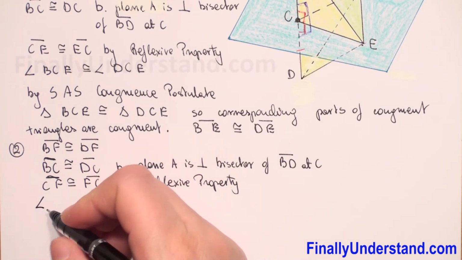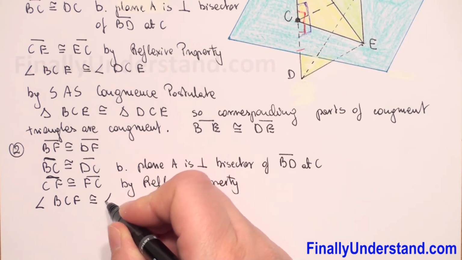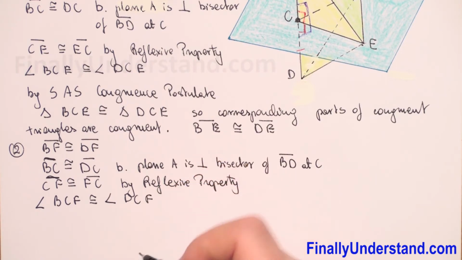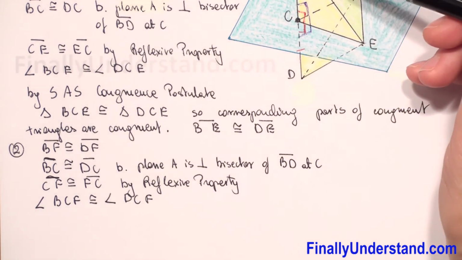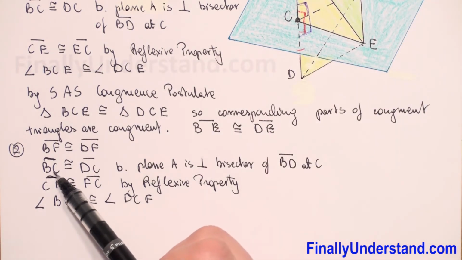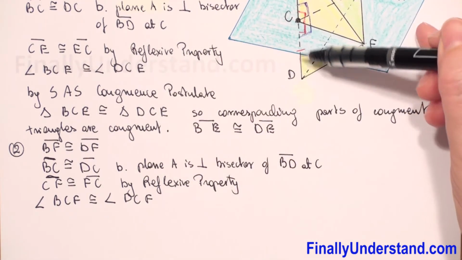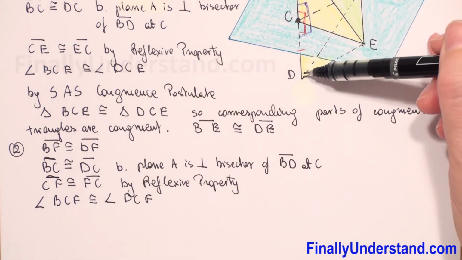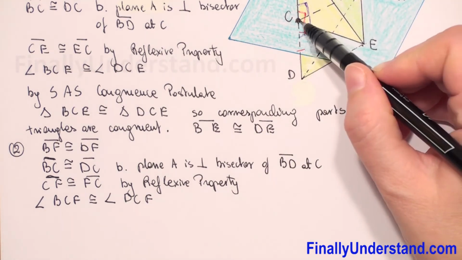So we can write angle BCF is congruent to angle DCF. So now again we have sides congruent, BC is congruent to DC, angle BCF is congruent to DCF, and CF is congruent to FC.